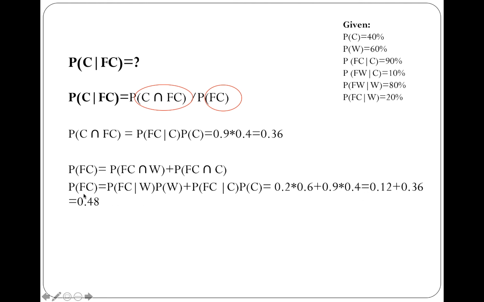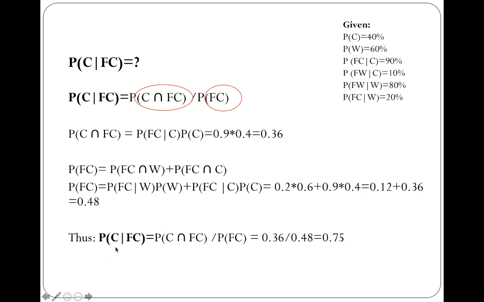So the chance that the forecast is going to say the weather is going to be cold is 0.48. Now that we calculated the numerator and denominator, we can calculate the actual probability that we want. That's 0.36 divided by 0.48, that's 0.75. So the actual probability that we need to put on the decision tree is 0.75.